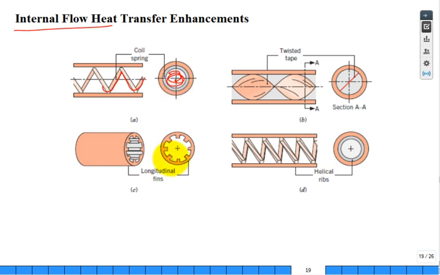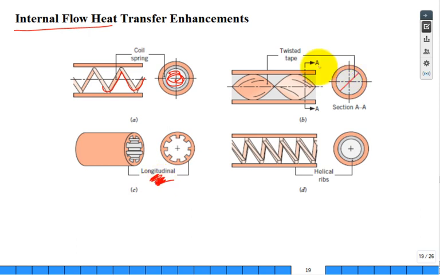Sometimes they'll have little protrusions, or longitudinal internal fins on the inside. Now this is going to be an expensive tube to make, and I haven't seen many of these, because you have to manufacture it.